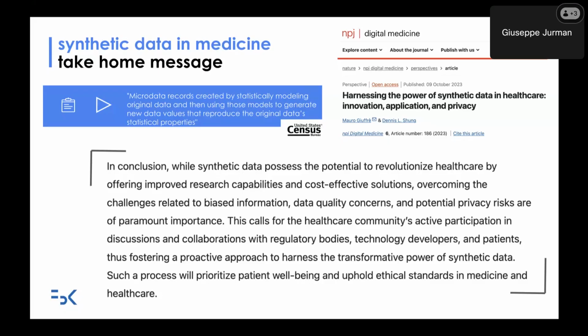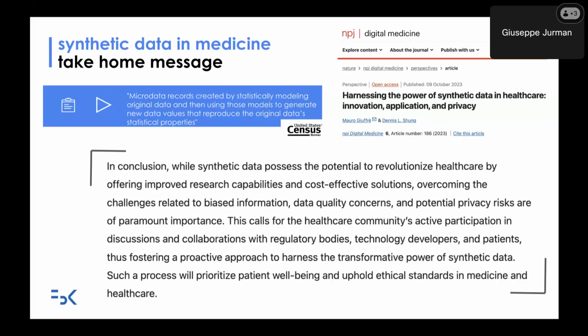And the idea provided by artificial intelligence is that generative models may help us in producing what are called synthetic data. Synthetic data are data that are very similar, in the sense that they are extracted from the very same distribution of the original data, but they do not belong to any patient.